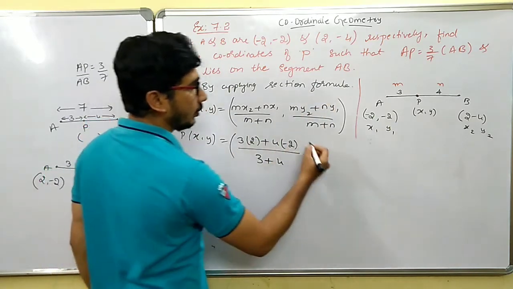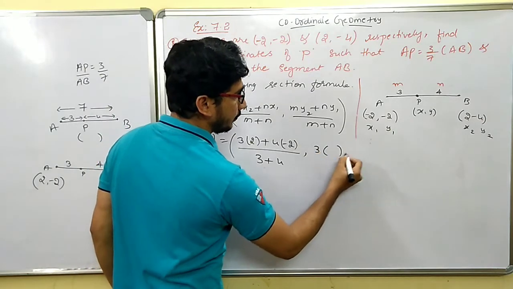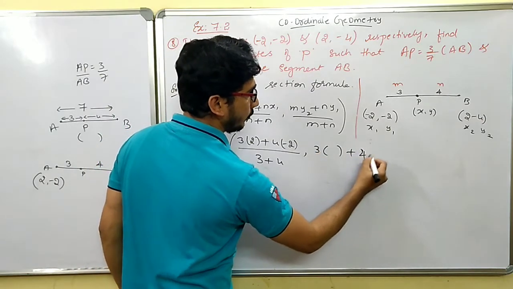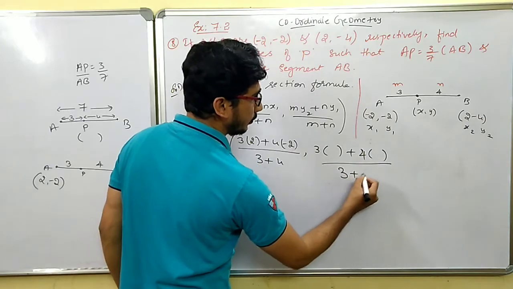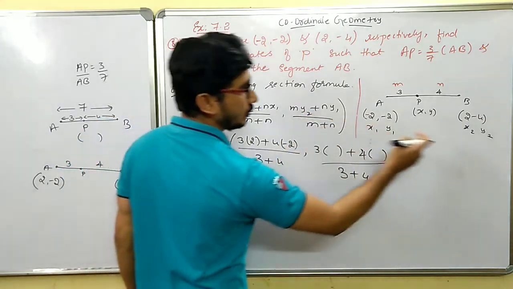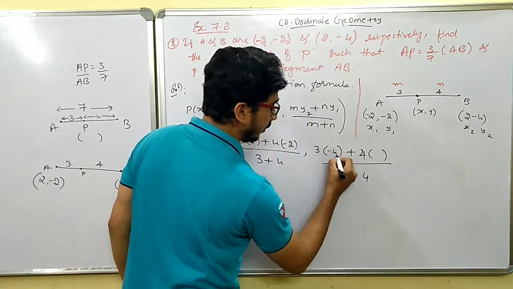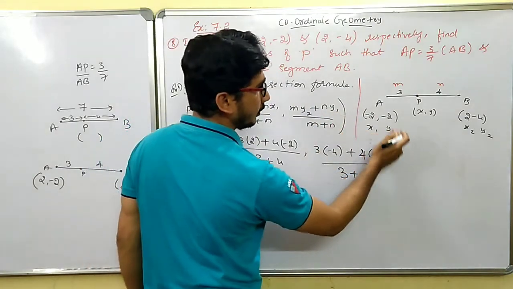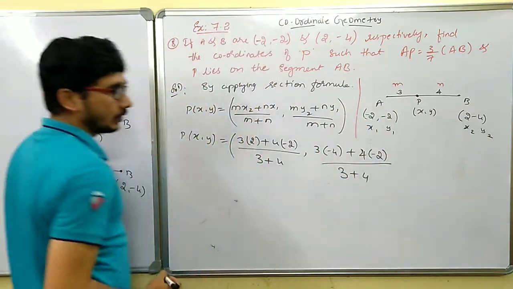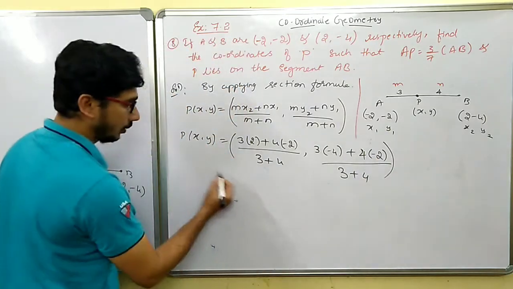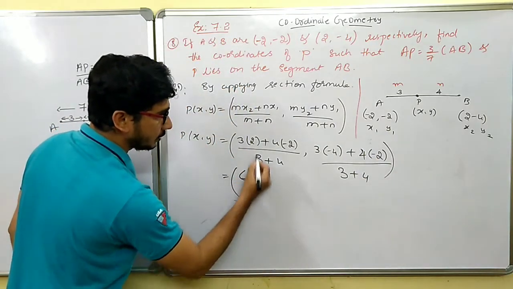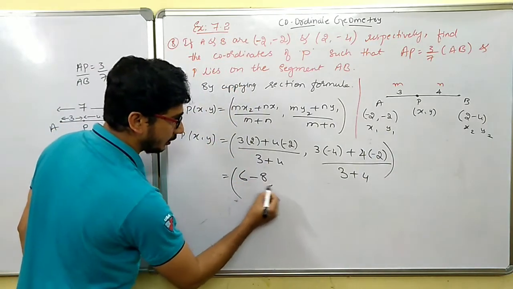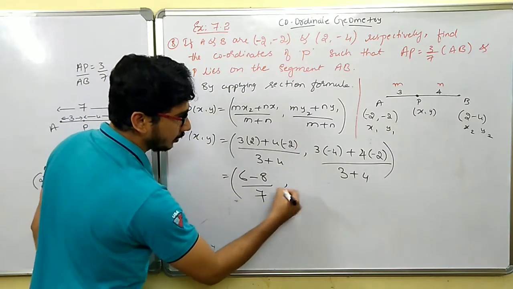Okay, next, m is 3 and n is 4, so 3 plus 4. Y2 is minus 4 and y1 is minus 2. Next, 3 twos are 6, minus 4 twos are 8, over 3 plus 4, which is 7.